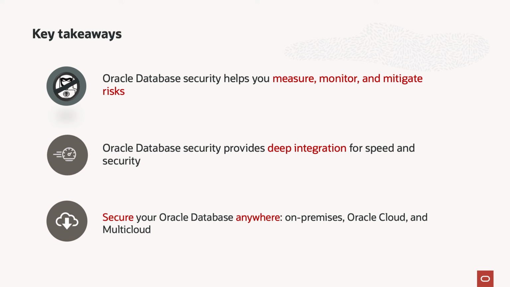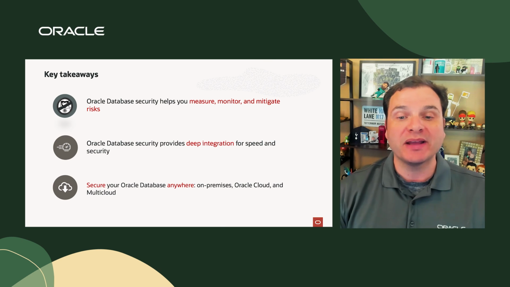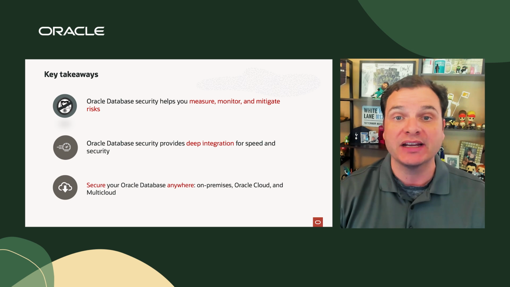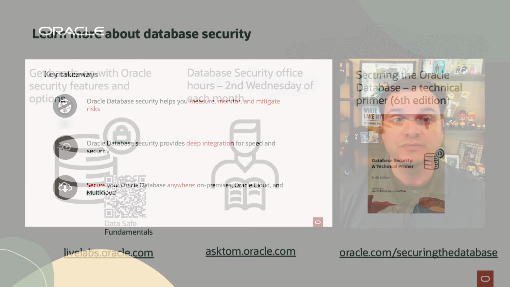And finally, because of our depth of product and our integration with Oracle technologies, you have the same database security capabilities anywhere you run the Oracle database, whether that's on-premises, in Oracle Cloud, or in a multi-cloud environment. Oracle has been a leader in the database security space for decades, which is why our customers choose the Oracle database and Oracle database security capabilities to secure their most critical data and critical workloads.